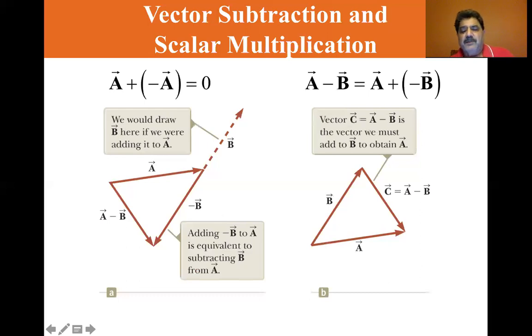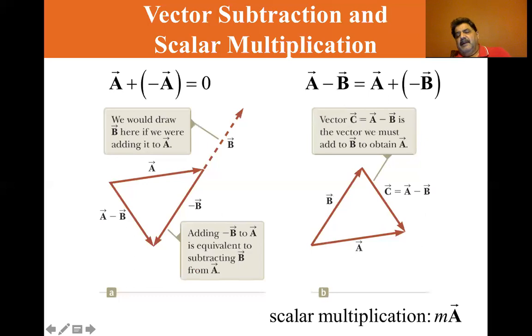Now, as far as multiplication goes, the scalar multiplication, m times vector A, you will not change the angle of A. You may reverse its direction if m is a negative scalar.